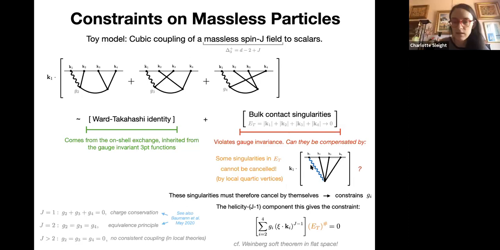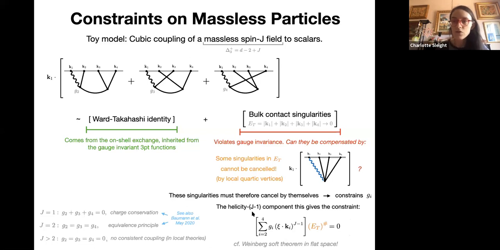This is analogous to Weinberg's analysis in flat space. In particular, if you look at the holisticity J-1 component of your exchange, you get a constraint of this type, where the exponent in ET, the hash here, is just some power that can't be generated by a local quartic contact interaction. And the factor that multiplies it is precisely the factor that comes out of Weinberg's analysis in flat space.